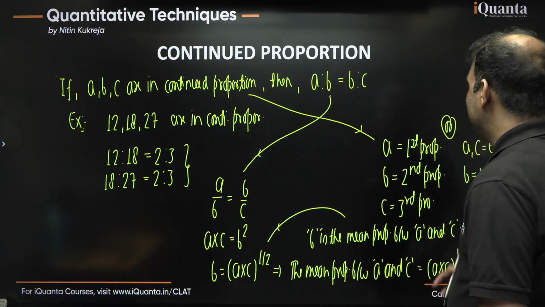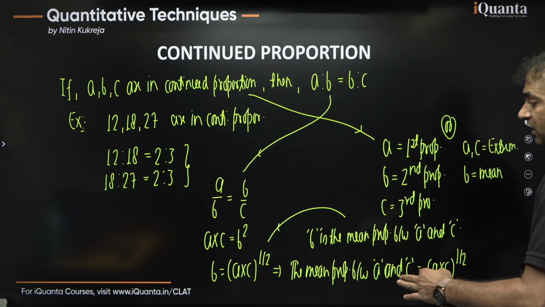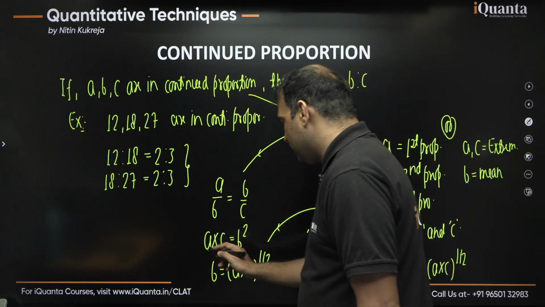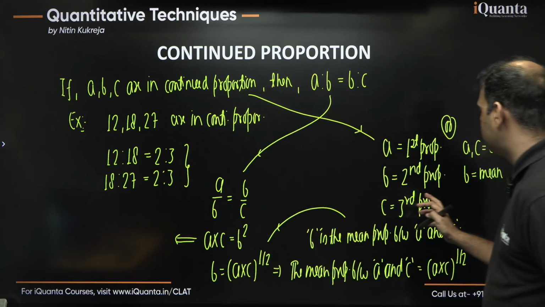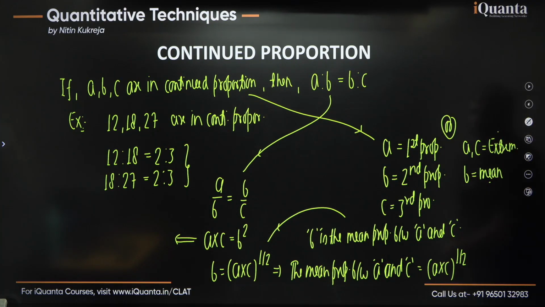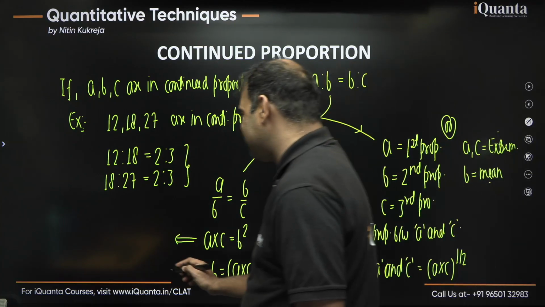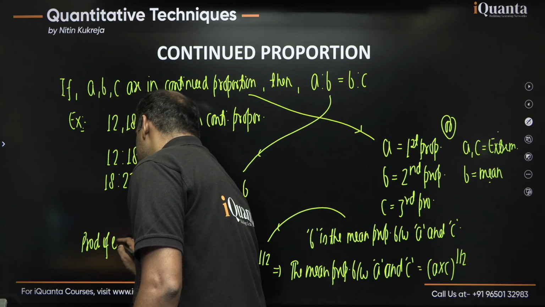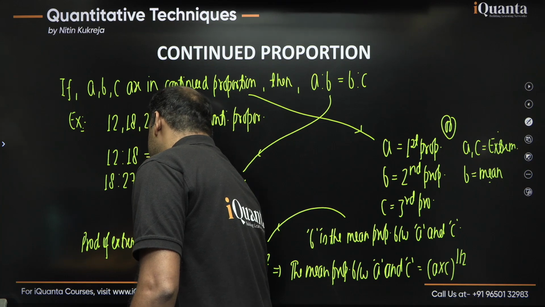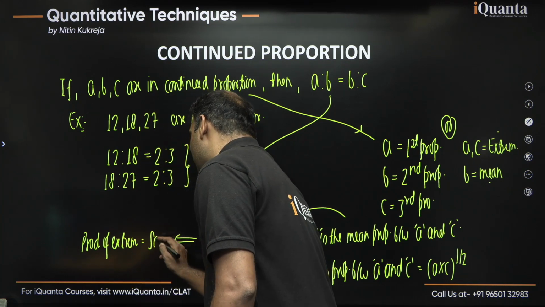This is the finest result which you can use if you are given some numbers in continued proportion. I just missed one important point, guys. Remember, a into c is b squared, right? So b is the mean term, and a and c are the extremes. So you can also say that the product of the extremes should be equal to the square of the mean term.